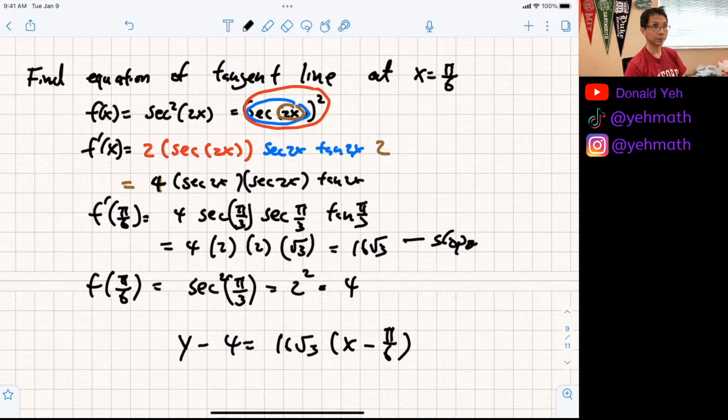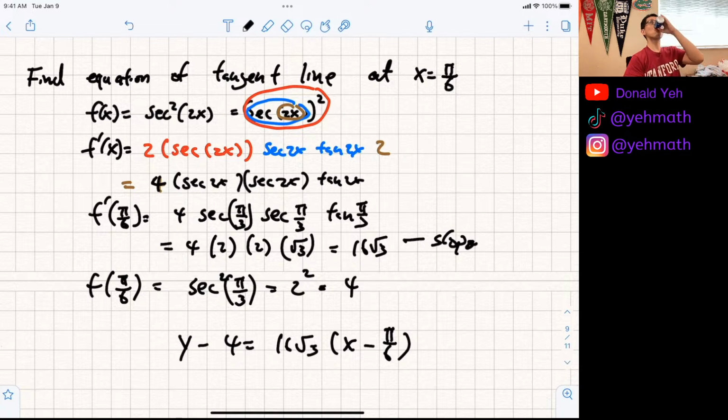The layers thing only happens to trig, right? It happens to every kind of function, as long as something is composite. In this case, it's a composite function because 2x is within the secant of x, and secant of 2x is within the x squared. So that's 3 layers right there.